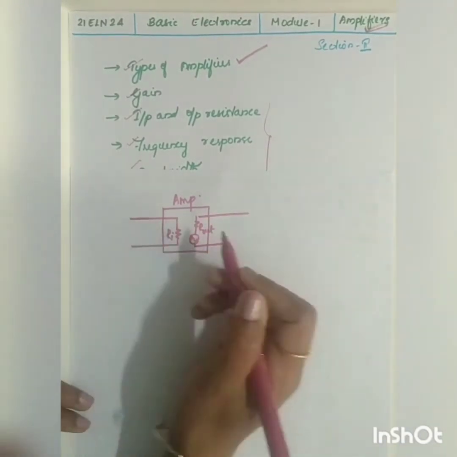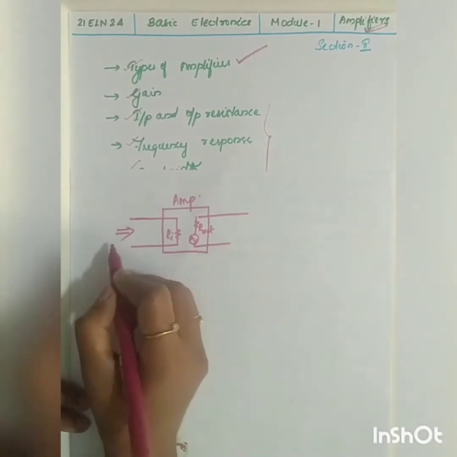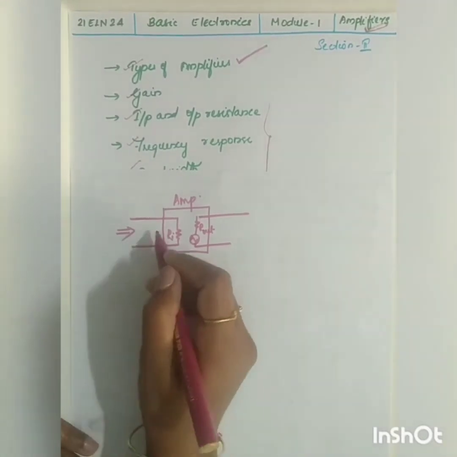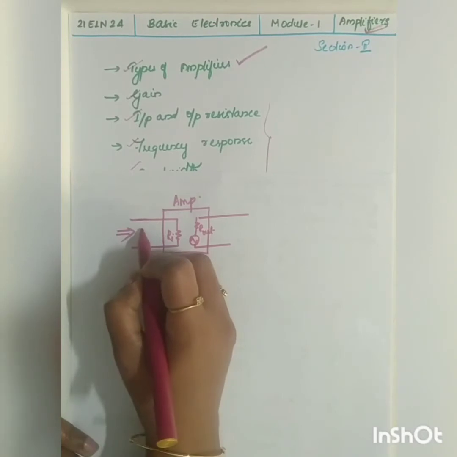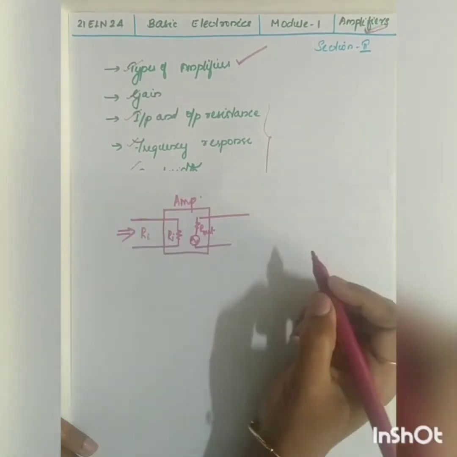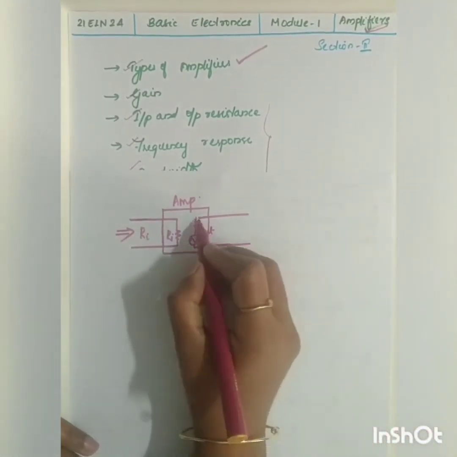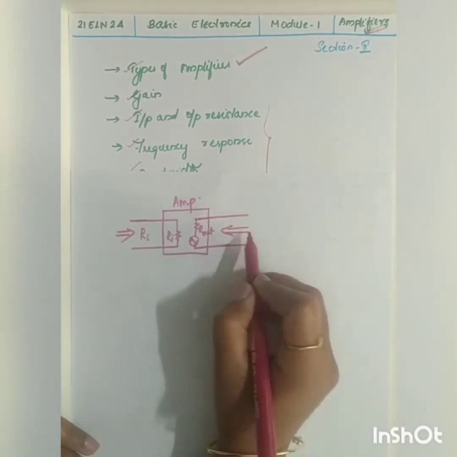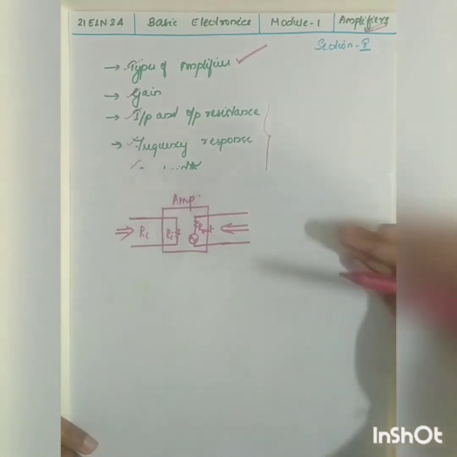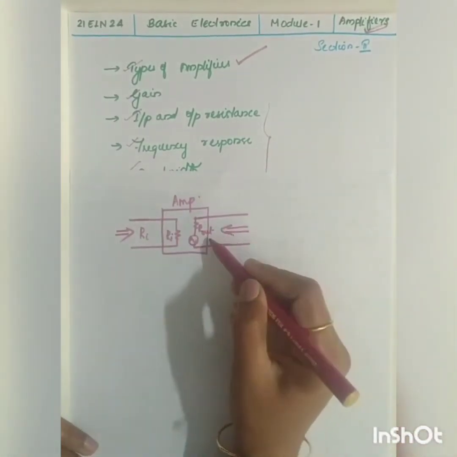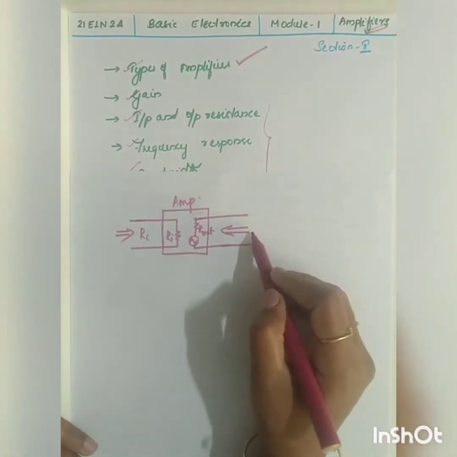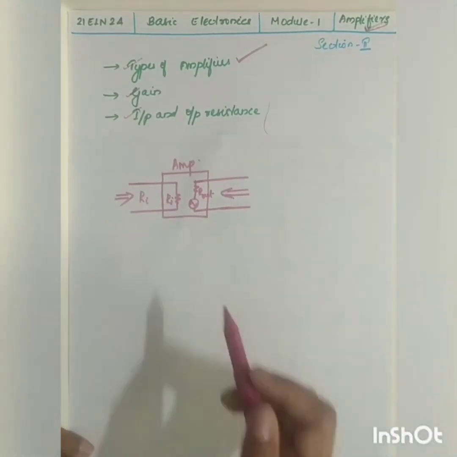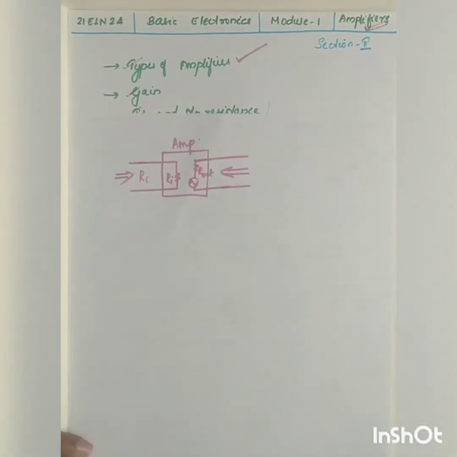Looking towards the input of the amplifier gives you the input resistance Ri. Similarly, looking from the output towards your amplifier gives the output resistance R out, which is the internal resistance.